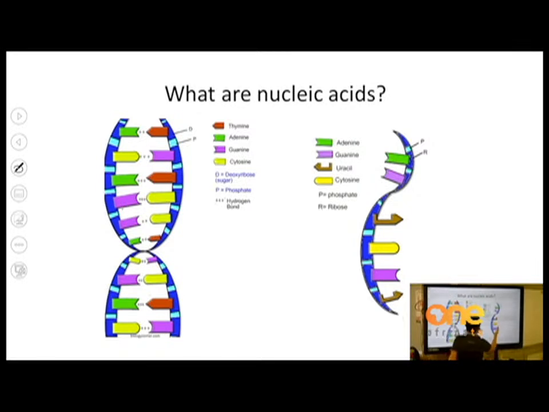Because this is a single strand, there are no complementary strands, therefore no hydrogen bonds. Then I also see that there is a uracil instead of a thymine. That is important to remember.